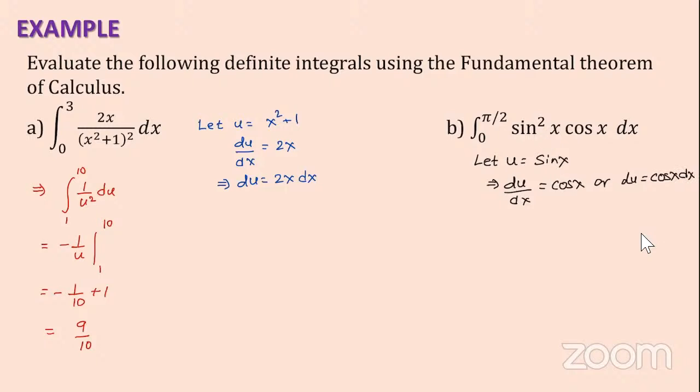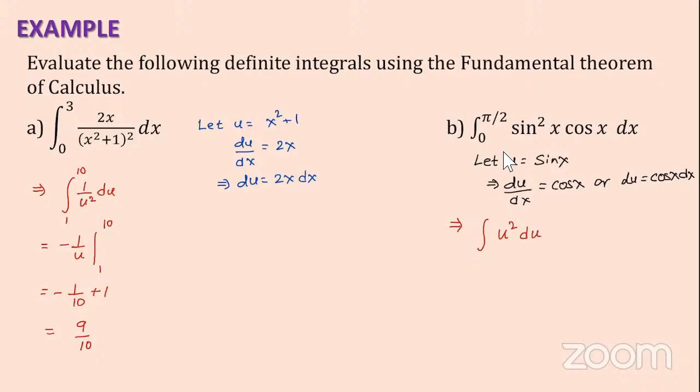Now we can make this substitution. Sine x is u, but here the sine is squared, so it's u squared. Then we have cosine x dx, and cosine x dx is du.